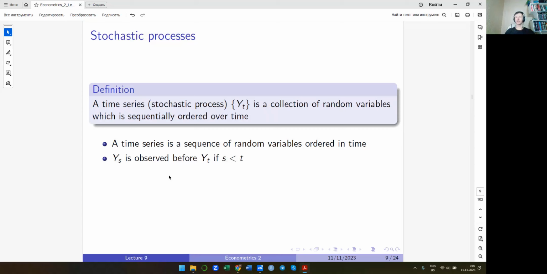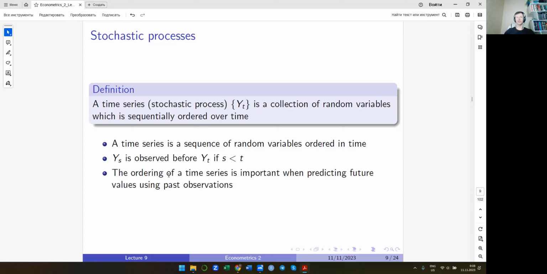Then the next year starts, January, February, etc. Thursday cannot go before Tuesday. First goes Tuesday, then Wednesday, then Thursday. All the time, when we are talking about time series, we have to keep in mind that there is a particular order of this series, and this order is naturally inherited.